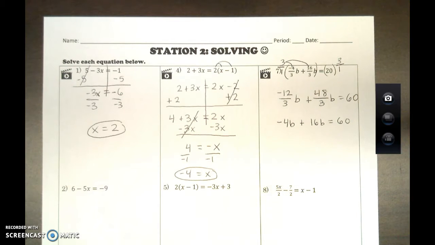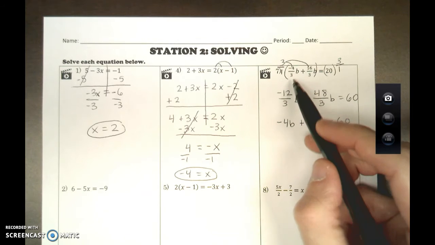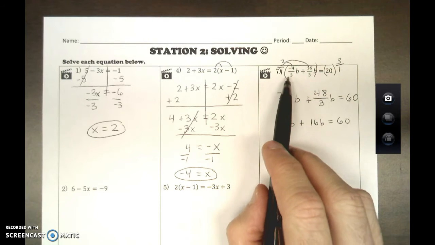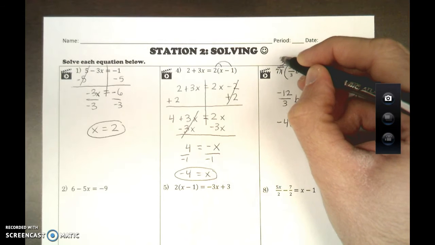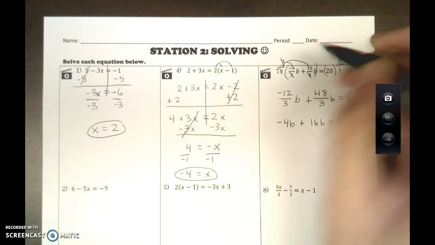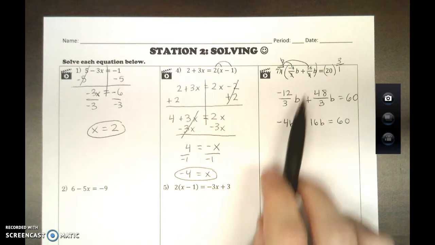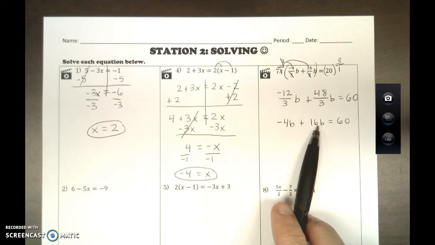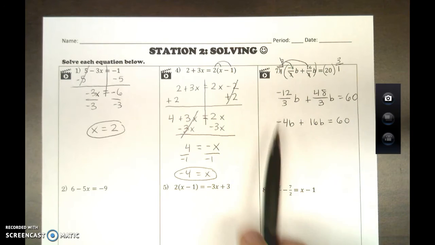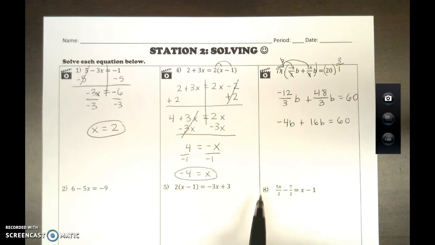Now some of you might have known that when we multiplied by 3, another shortcut is that you just cancel out the denominator with the numerator. So what's left over is a negative 4b and the 16b. So either method works, it's whatever you're most comfortable with.